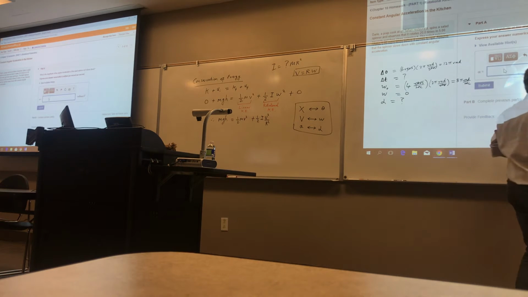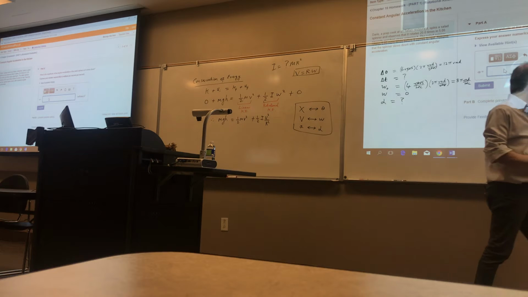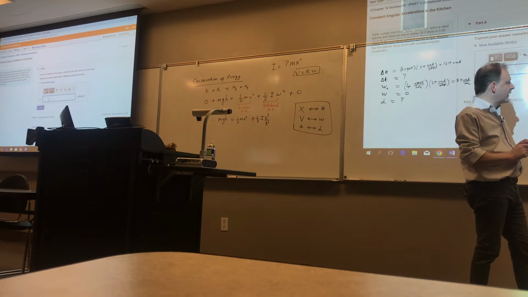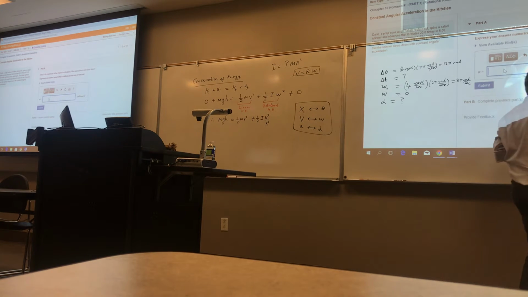So what's that going to be? Let's do that calculation. That's negative 64 pi squared over 24 pi, radians per second squared. I can cancel a pi. So what's negative 64 pi over 24?